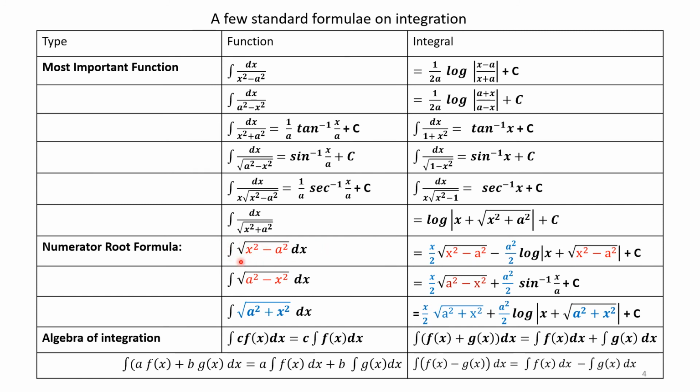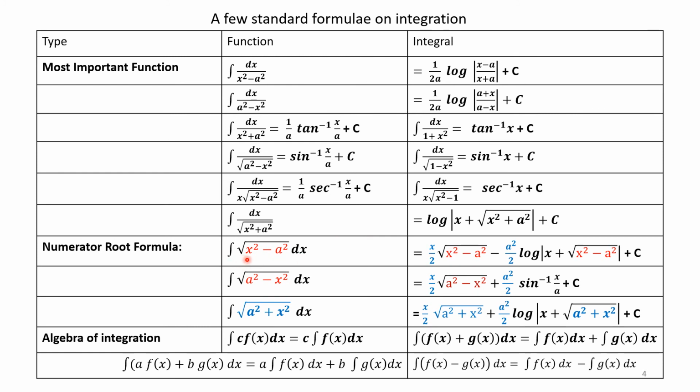Therefore, integral of square root of x square minus a square into dx is equal to, you see the formula, there is a method here, x by 2 square root of whatever is there in the square root here, same thing you write.